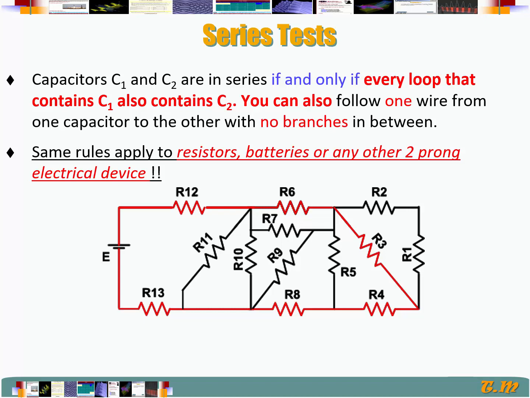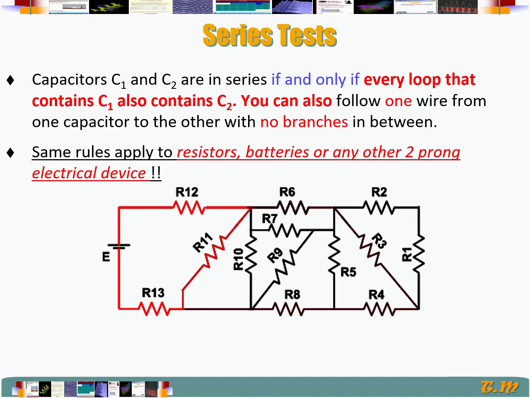It contains also R3, R4, R8, R13, and the battery. Okay? Now let's see if every loop is going to contain both R12 and R6. Now this loop has R12, but it does not have R6. It has R12, R11, R13, and the battery, but not R6. So that tells me that R12 and R6 are not in series.